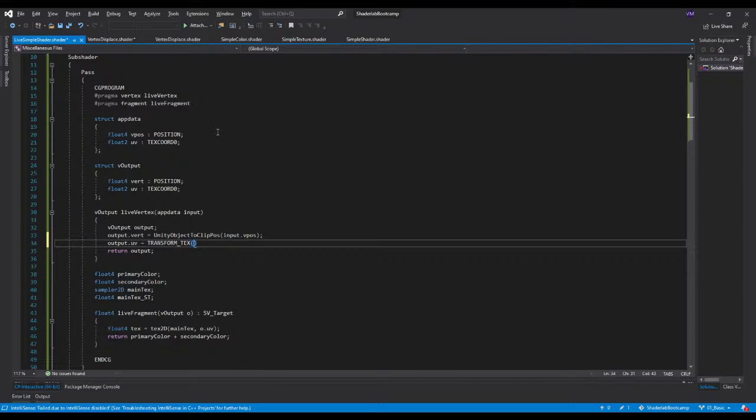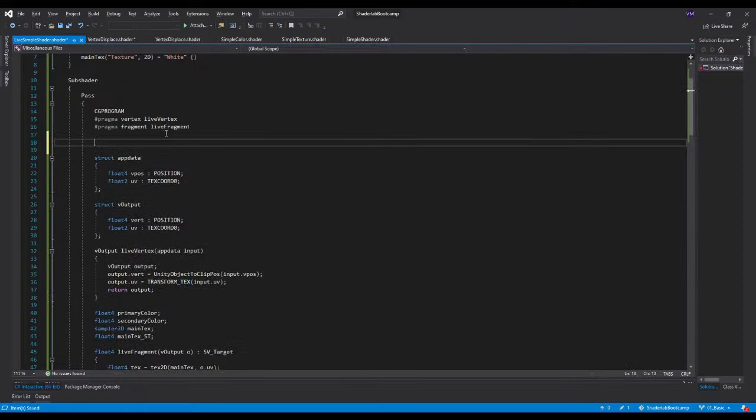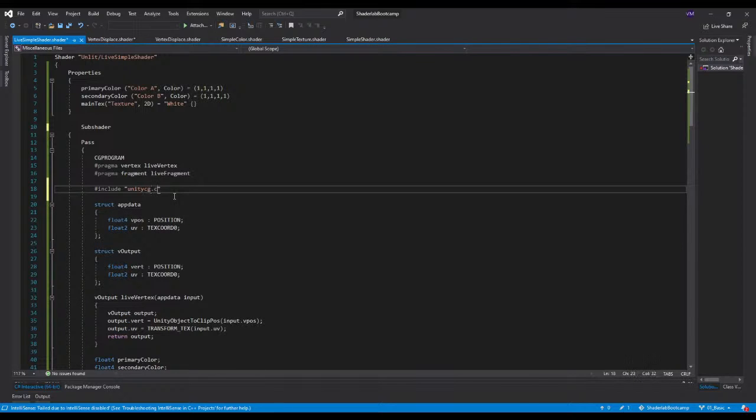then we have to provide input.uv. Once this is sorted, we are still going to get an error saying, where is this TRANSFORM_TEX coming from? You can't just write any function and provide any argument to it. So we have to remember that we don't write just anything. Now we will come to writing all these includes, but for now understand that we are calling a specific library or maybe a specific file.